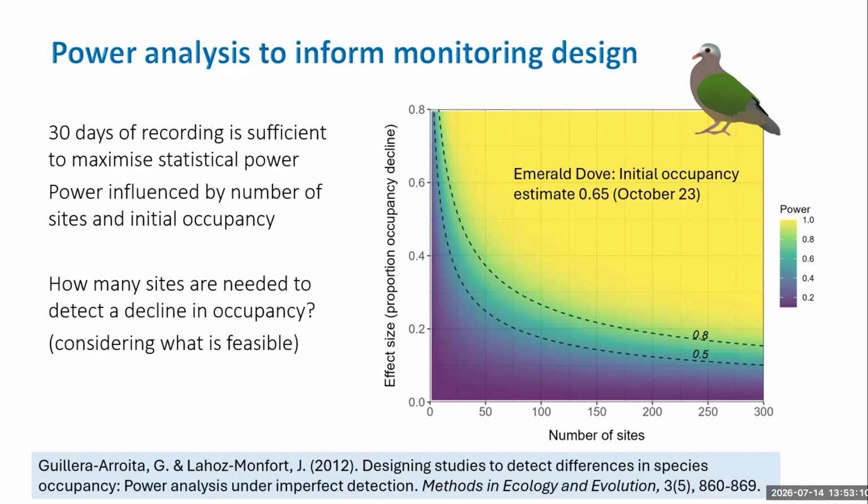Say, for example, if you had 100 recorders and the capability to record at 100 sites for a month, you could detect, let's say, a bit more than a 0.25 decline in occupancy with 80% power. So it gives a real guideline to Parks Australia for what kind of effort they need, and what size decline we are able to detect even for this dove that's difficult to detect sometimes.